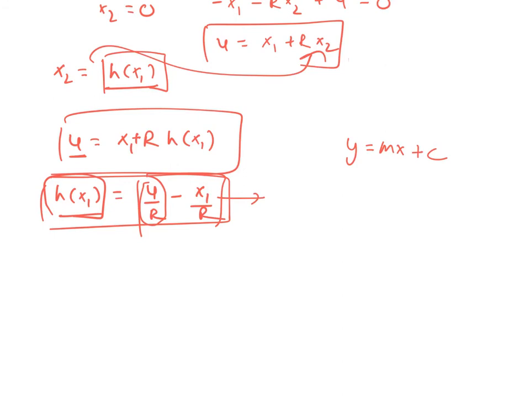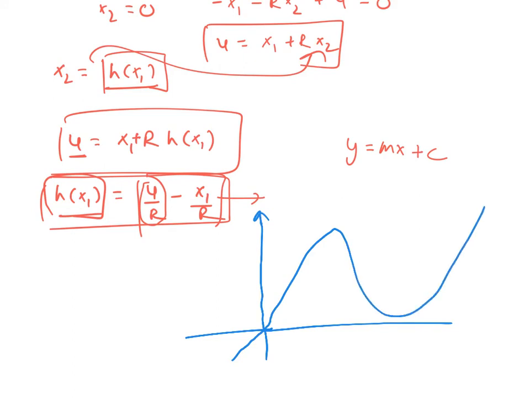Let's use some different color. So let's say this is my curve, and I already have this h of x1 thing, right? Let's say this is I, this is V, and this is the straight line here. So 1 by r is the slope, right?